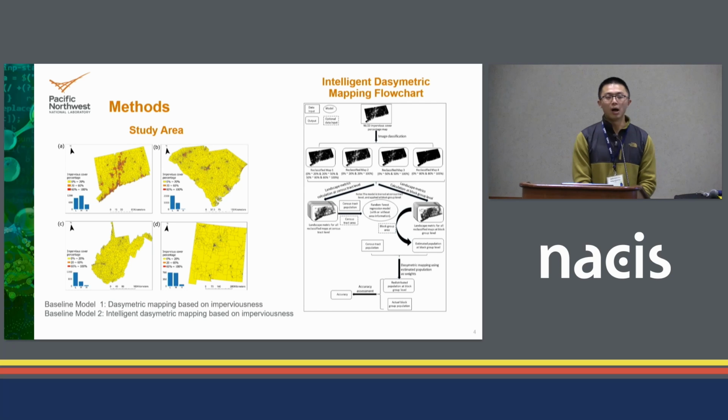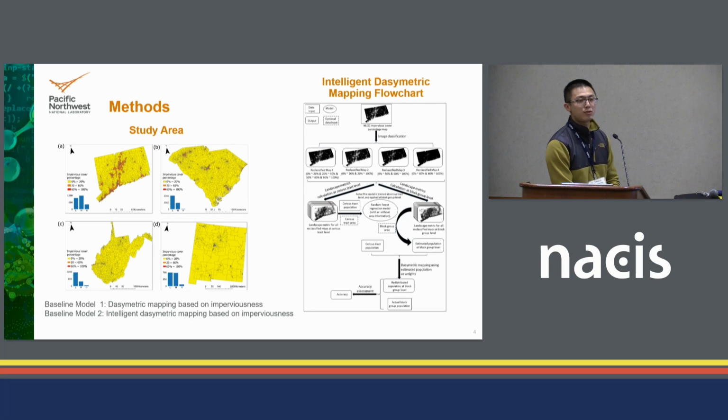Besides the landscape metrics, we also included 2 baseline models for comparison. The first baseline model is the Dasymetric mapping of population based totally on the imperviousness. We simply redistribute population from the census tract to the block group in proportion to the aggregated imperviousness value for each block group.